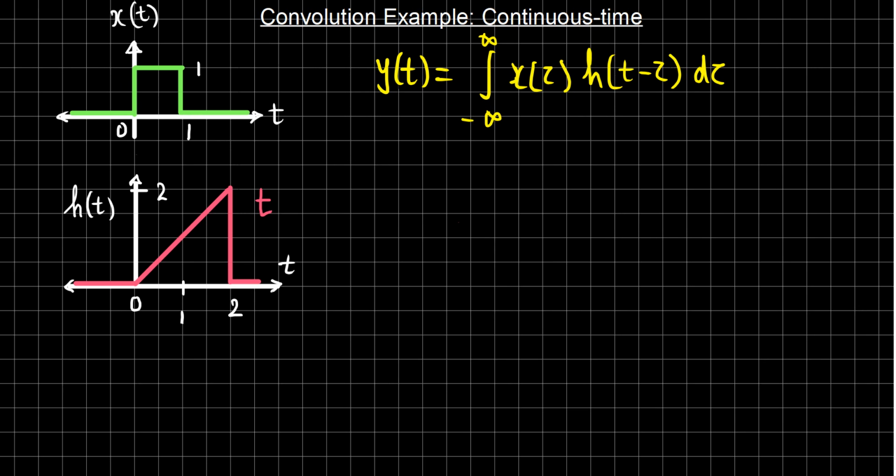So I'm drawing the flipped version of h. It will be a mirrored version of h. So the signal would look something like this.